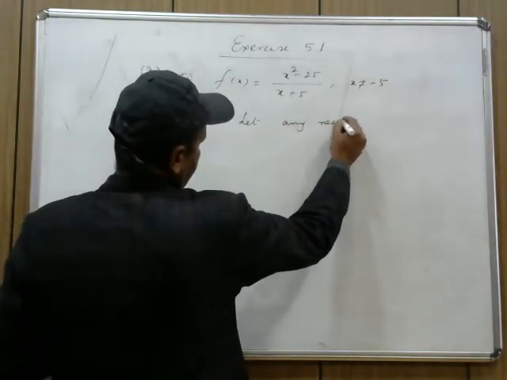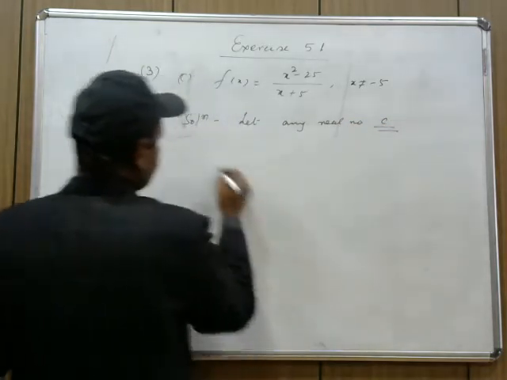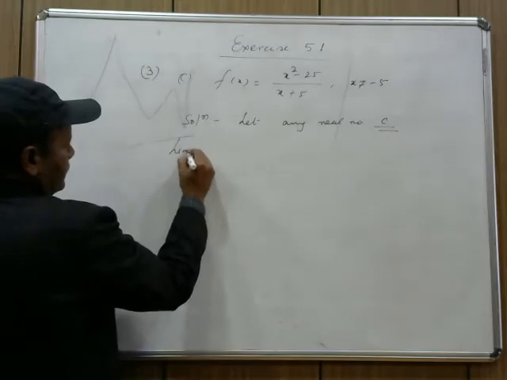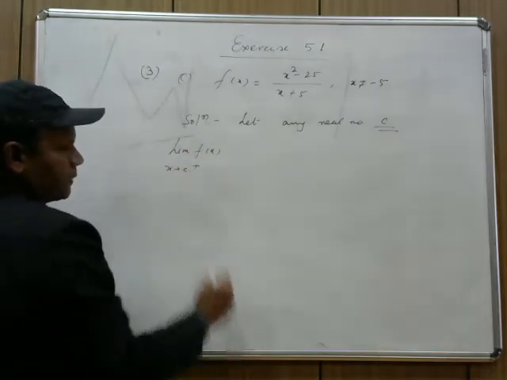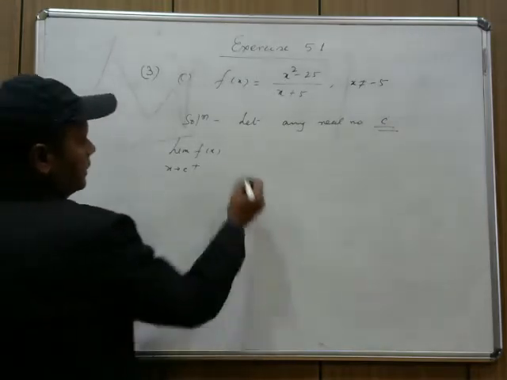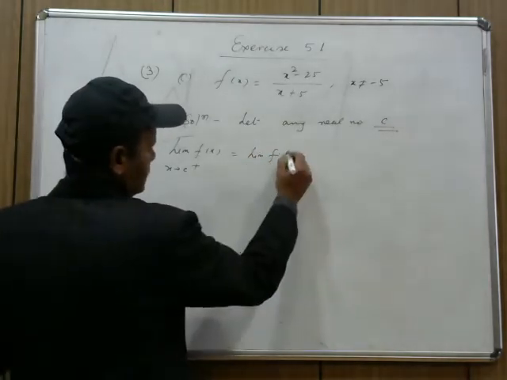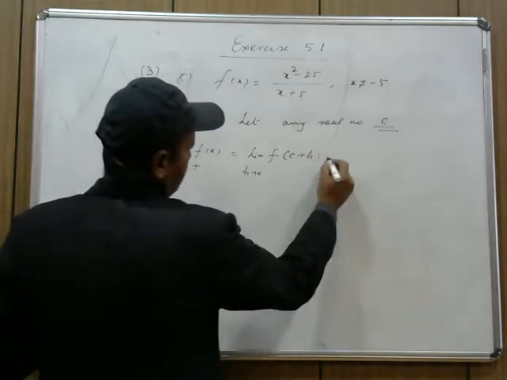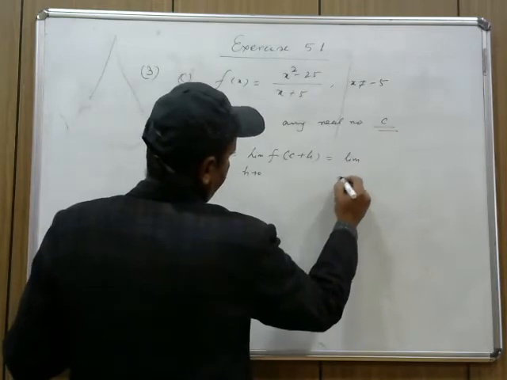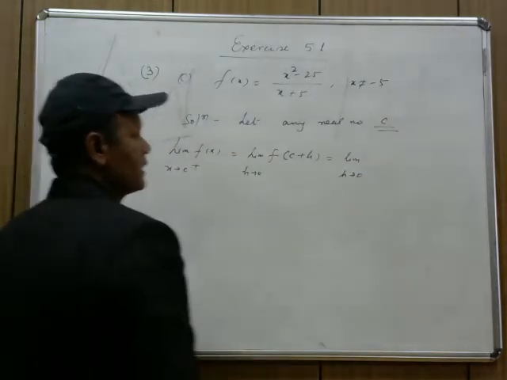any real number c. Now I will check the limit of this given function f of x as x tends to c plus, the right hand limit, is equal to limit f of c plus h, limit h tends to 0. Now x will be replaced by c plus h.